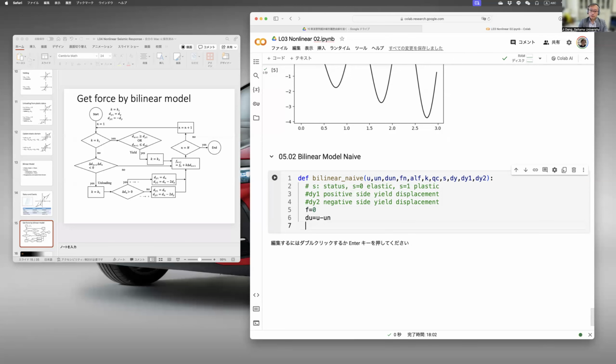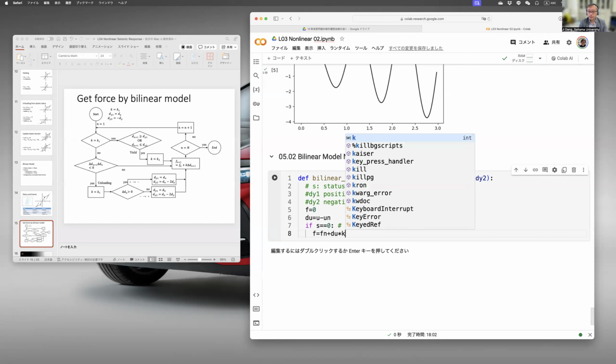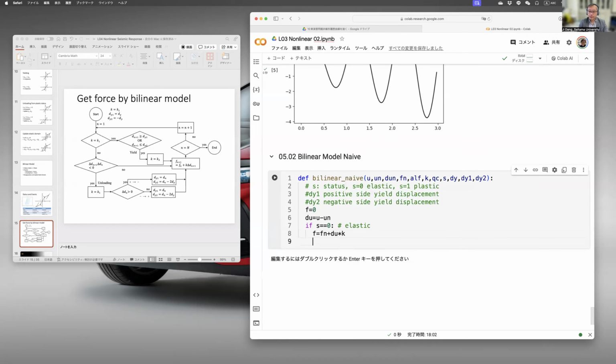Okay, so let's do this check. If s equals 0, which means elastic, we say f equals fn plus du times k.